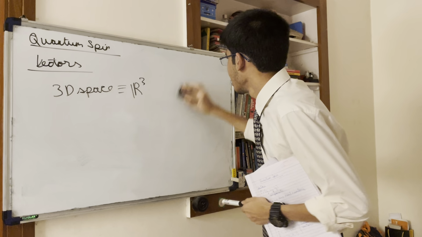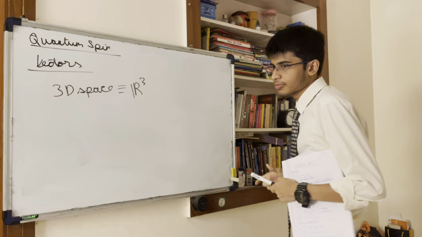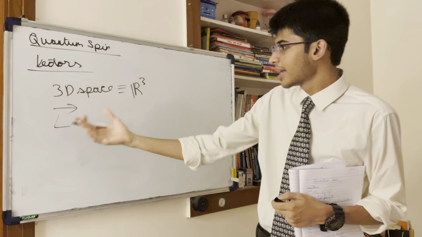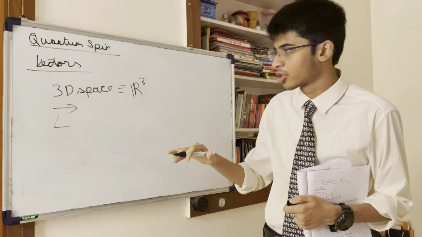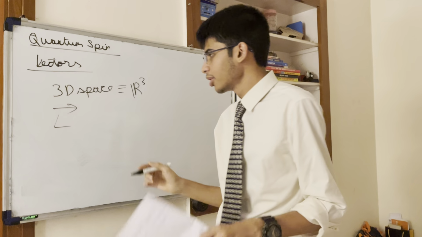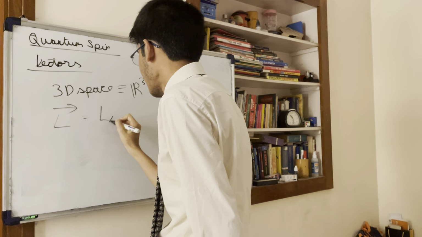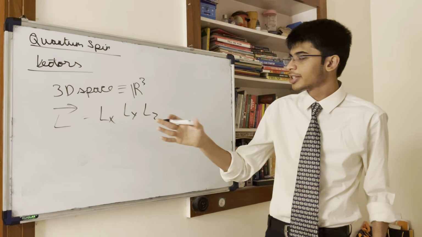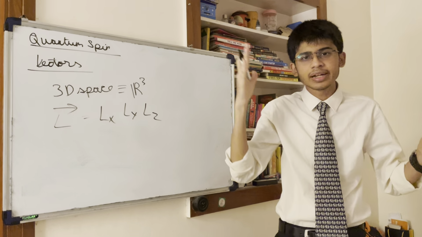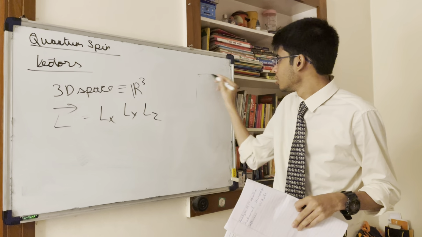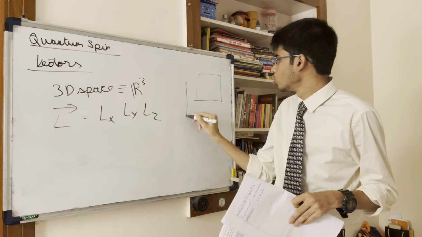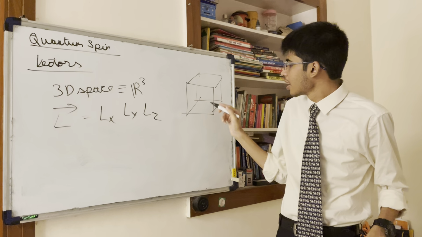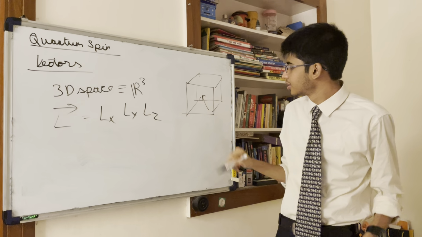Now if I take a vector, let's call the vector L bar. This L bar is a vector in the three-dimensional space. Now this vector will have components Lx, Ly, Lz. Why? Because if I have a vector pointing arbitrarily at any point in space, let's say I have this cube to denote my 3D space, and I have a vector pointing somewhere like this.